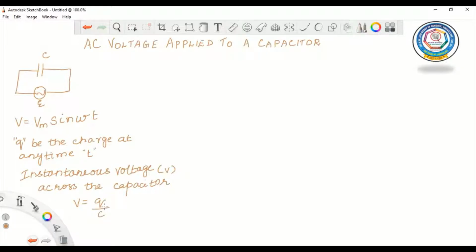Now once again we are going to apply Kirchhoff's loop rule here, children. From Kirchhoff's loop rule, the voltage across the source and the capacitor are equal, right?